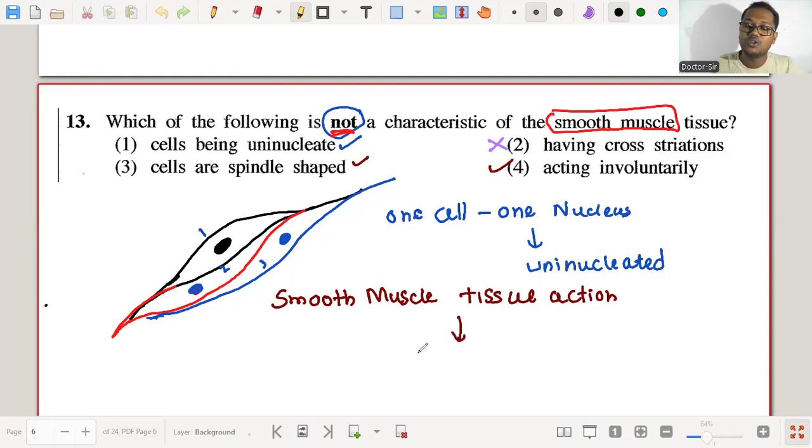They are controlled automatically by our body, so we cannot control them with our own decision. So we call it involuntary. Involuntary movements are there in smooth muscle tissue. So for question number 13, we can take answer 2. How many of you got the correct answer?